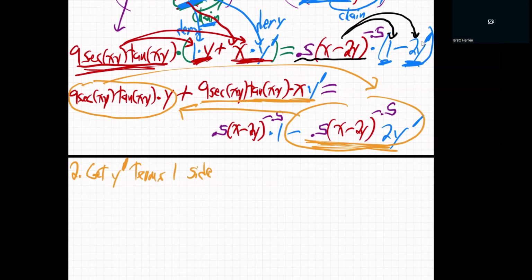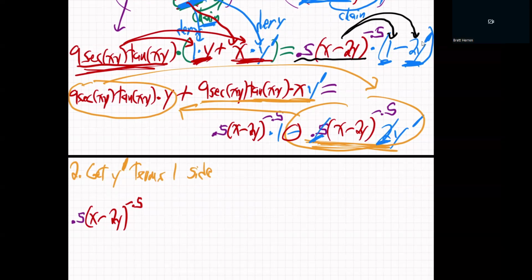So what do we have then? So then we have 0.5. It's negative here, so when it jumps to the other side, it'll be positive. (x minus 2y) to the negative 0.5 times, oh, by the way, look, 0.5 times 2, they're just going to cancel, right?